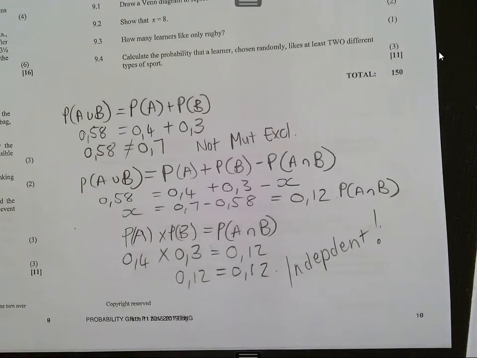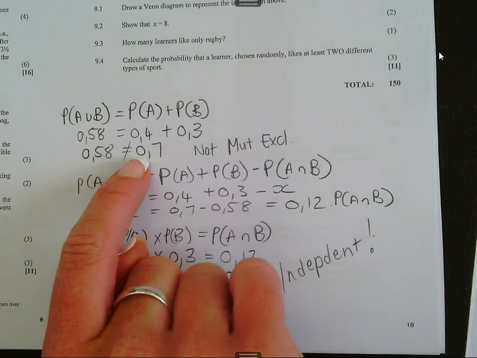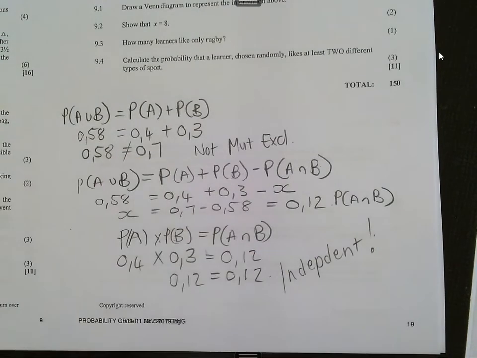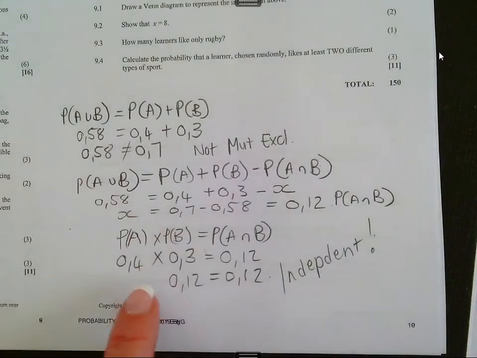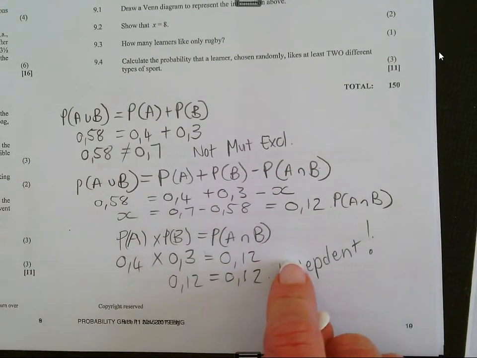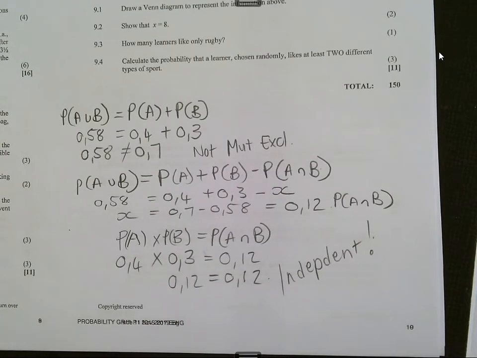You can just give the 0,12. You don't even have to show the subtraction, because you did it there, I know where you're getting the 0,12. So you can just say 0,4 times 0,3 is 0,12, it's independent.